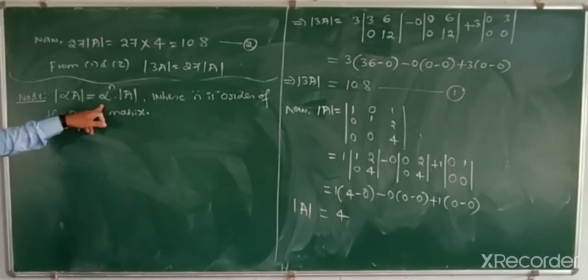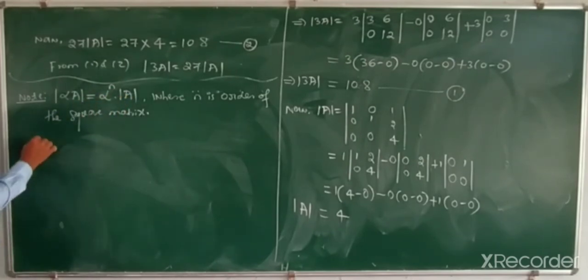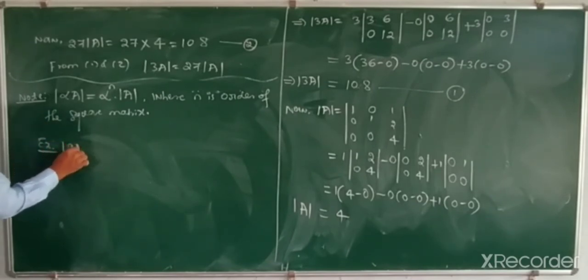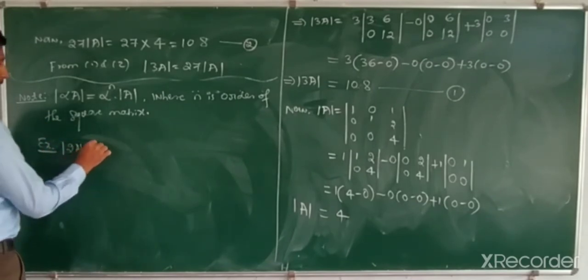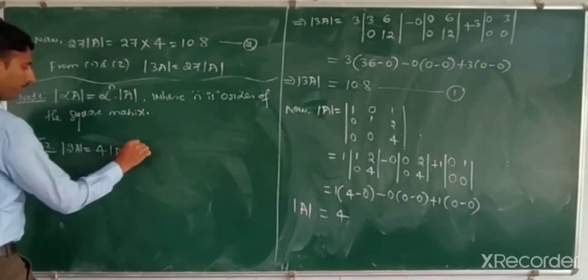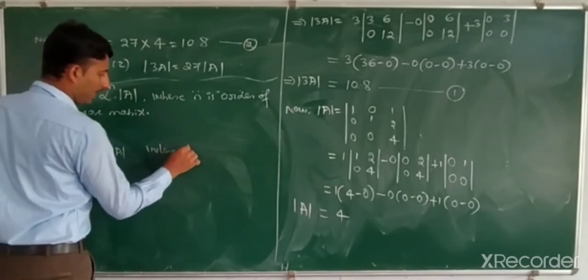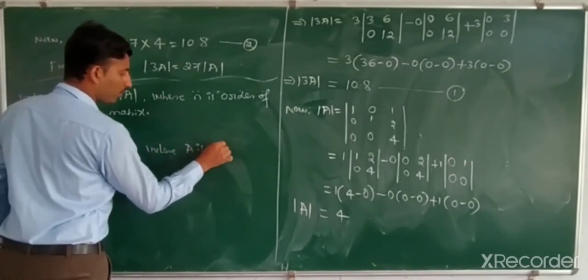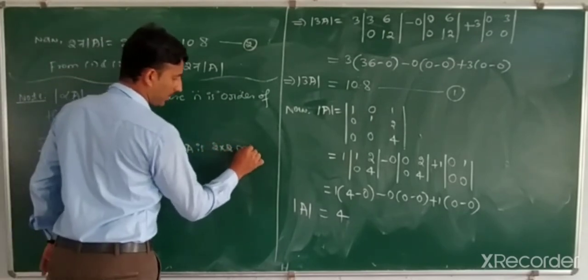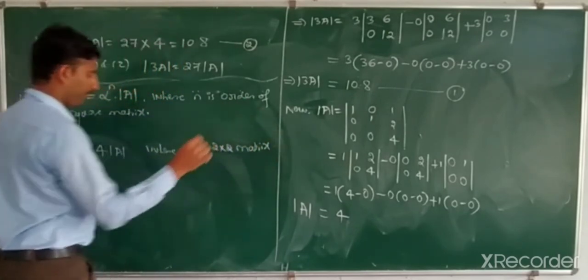This formula is important for competitive exams. Some CET questions are based on this. Determinant of alpha A is equal to alpha to the power n into determinant of A. Example: determinant of 2A is equal to 4 into determinant of A, where A is a 2 cross 2 matrix, order is 2.